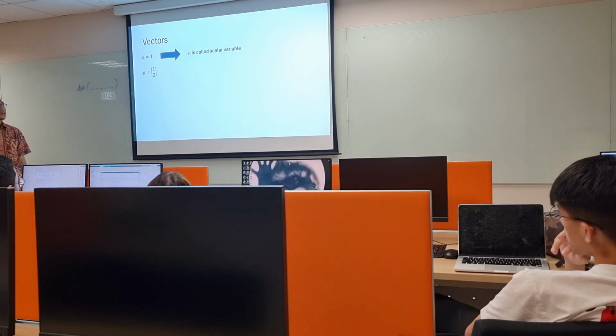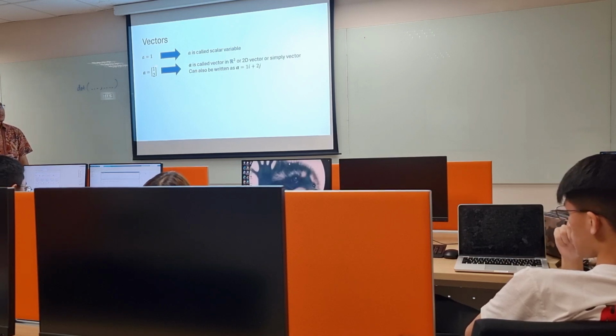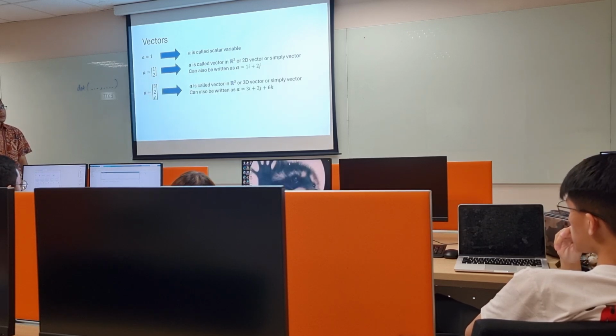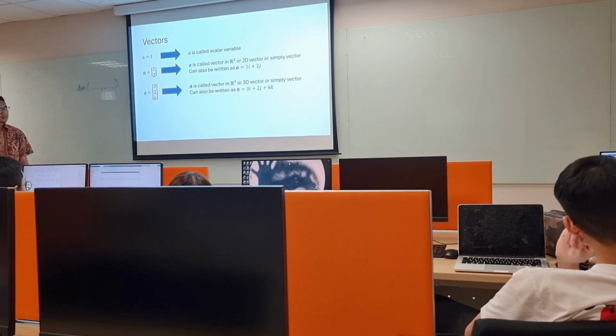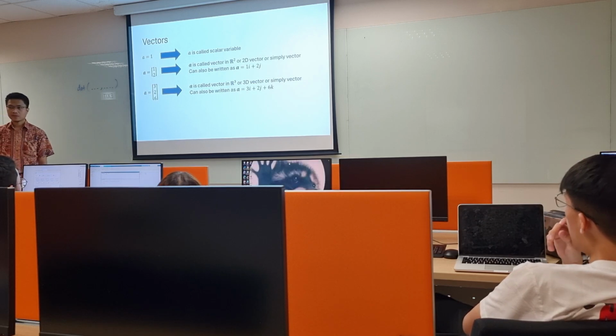This is called a vector in R2 when we are considering only real numbers, two elements only. And this is a vector in R3, three elements. You can also write it as this one. I think you are familiar with the ijk vectors.